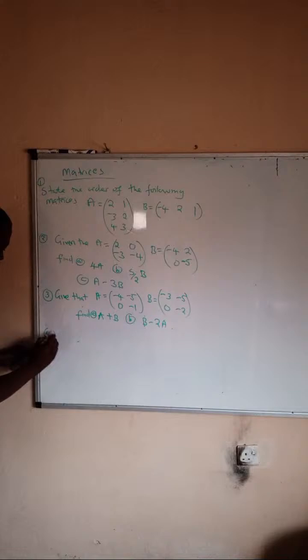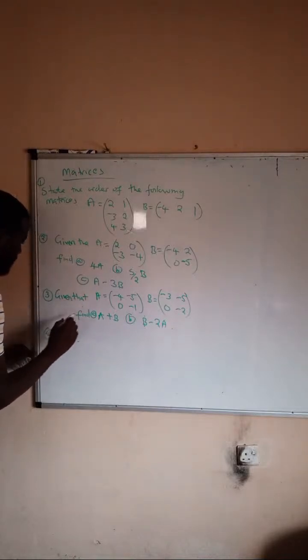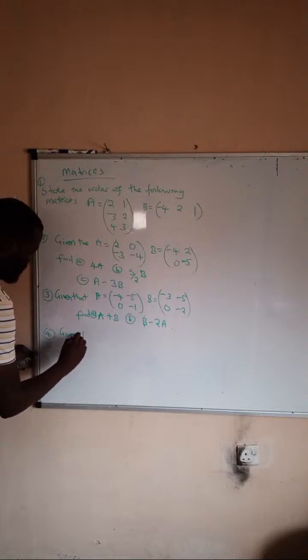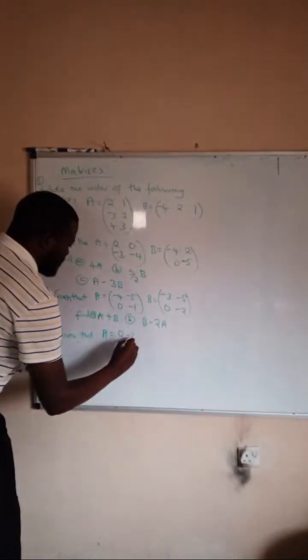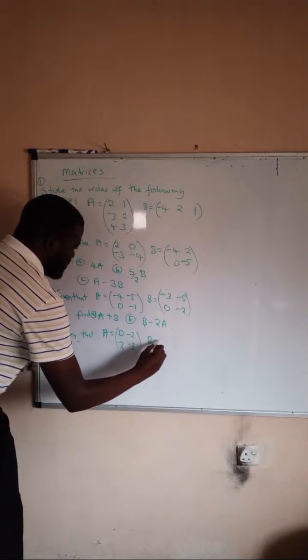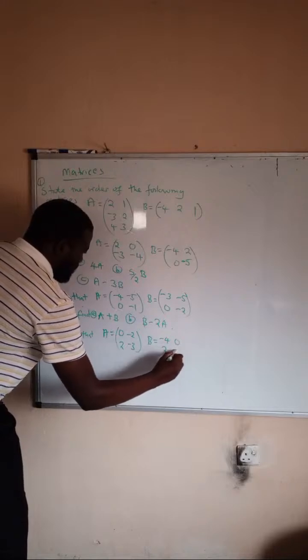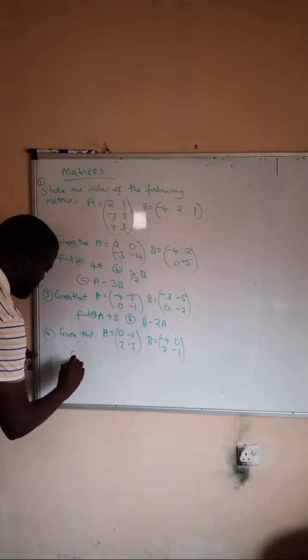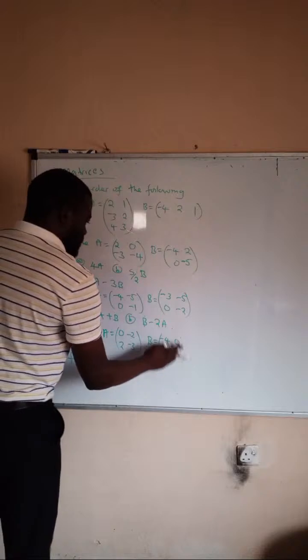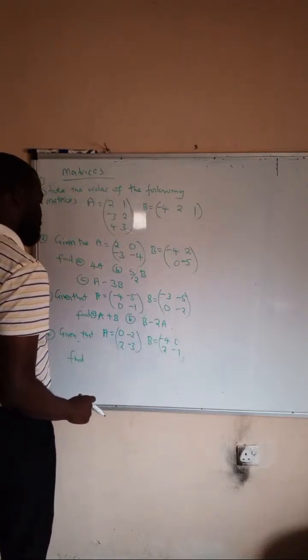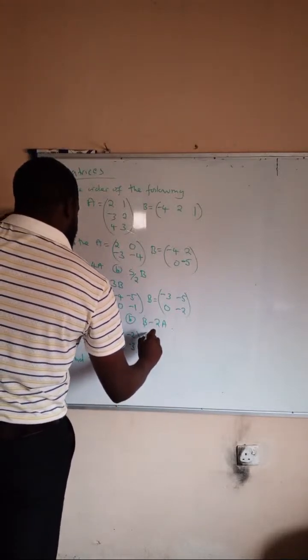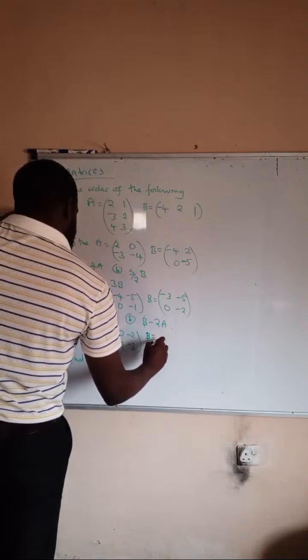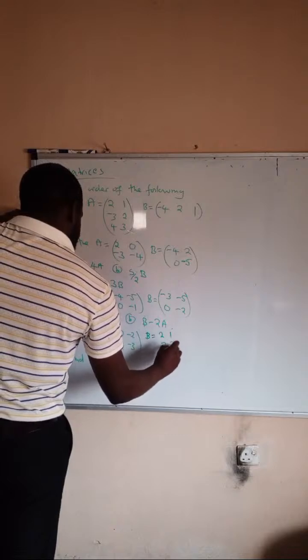Lastly, question 4. Given that A is 0, 2, -2, -3, and B is -4, 2, 0, -1, and another matrix 2, 1, 2, 2, -1, 4.